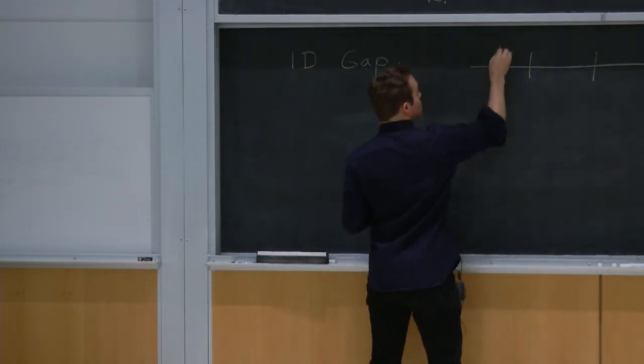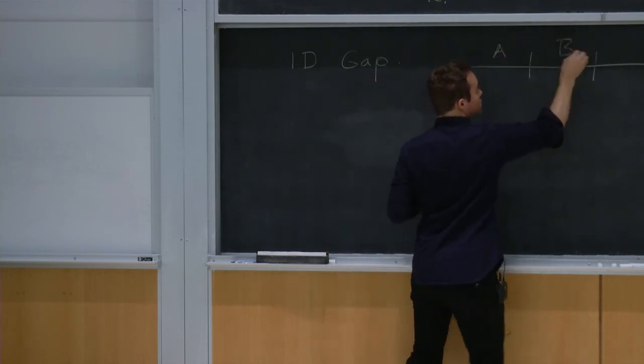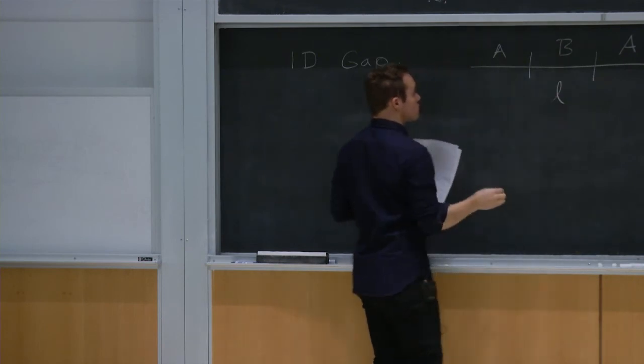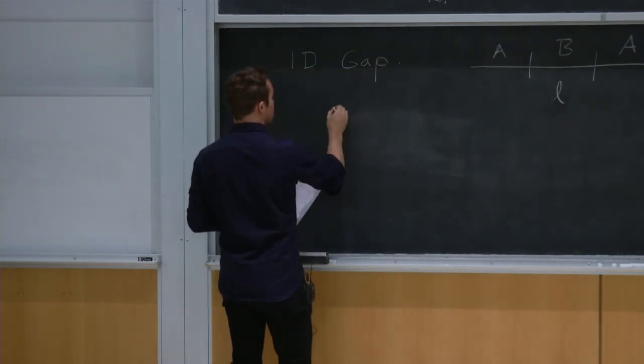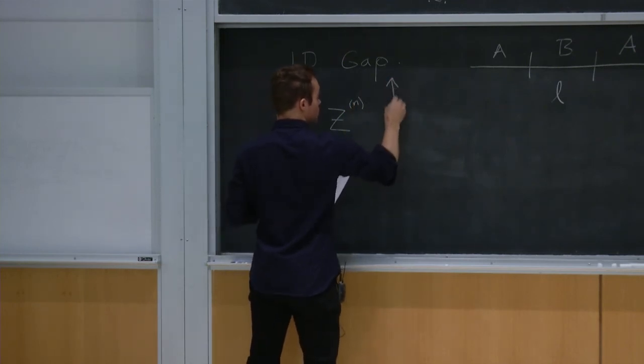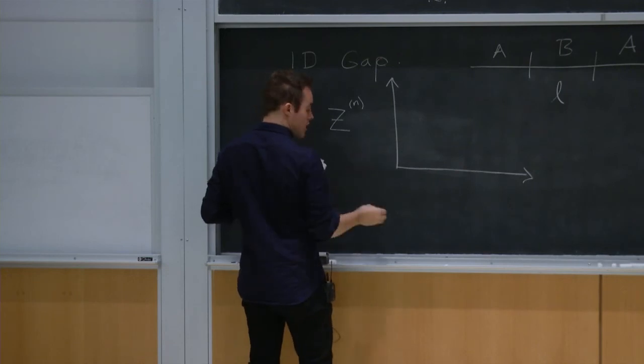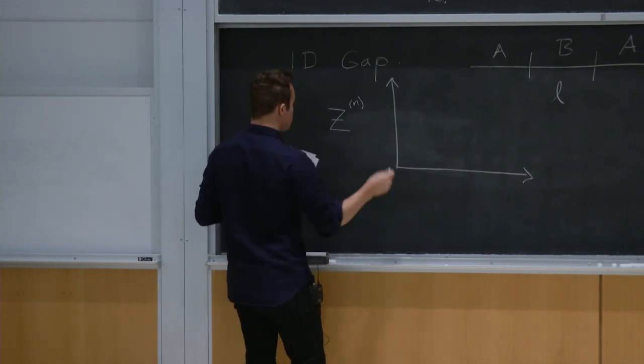And what I could look at quantitatively is I cut it into this region B. Let's say this has size L. I could make a plot of what this Z_n looks like as a function of L.